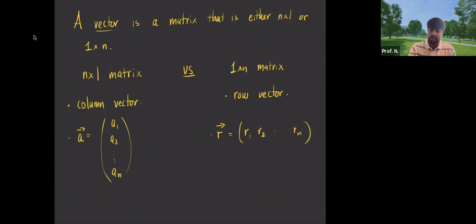So you can express vectors as row vectors, if it has this dimension 1 by n, or you can express vectors as a column vector. And this is more commonly used. We've been using a lot more column vectors when we talk about matrix equations, right? When we do AX equal to B, both of these are column vectors. They've been column vectors the whole time.